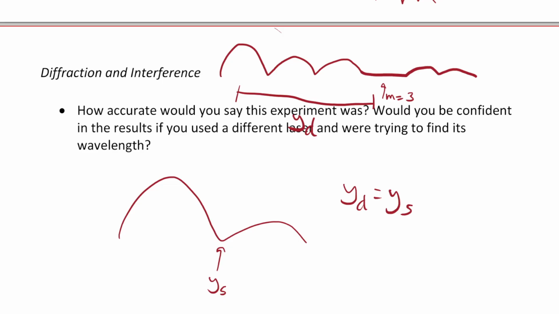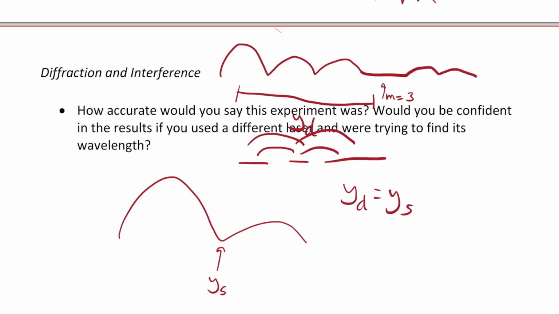Because if we think about double slit diffraction, you have this, and each of these is going to produce a wave. And so each of these two waves will have a minima at y sub s. And if both have a minima right here, even if I add them together, I still get nothing.